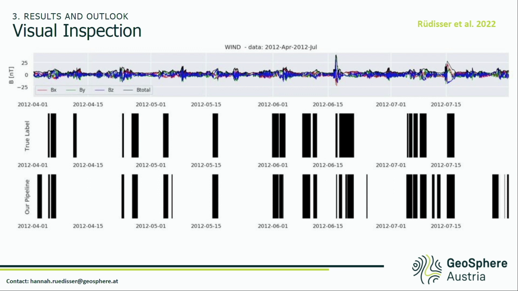We would then, during post-processing, count this as one CME and allow it to just be the same CME. So this is how we then compared ground truth to our catalog.